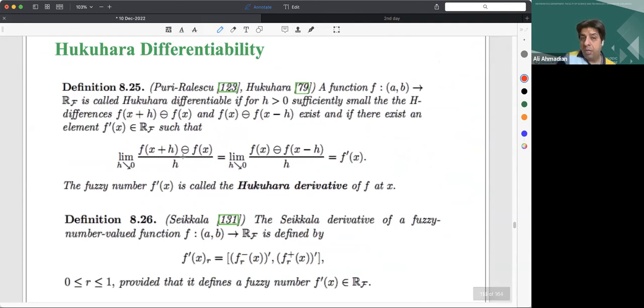The first one refers to the Hukuhara difference; we use this Hukuhara difference, and the output is the Hukuhara derivative. We call it Hukuhara derivative because we use this Hukuhara difference.